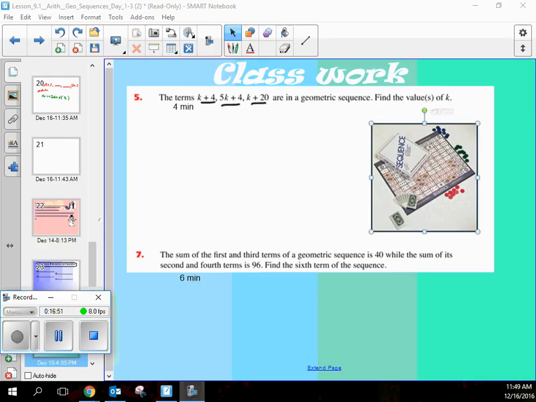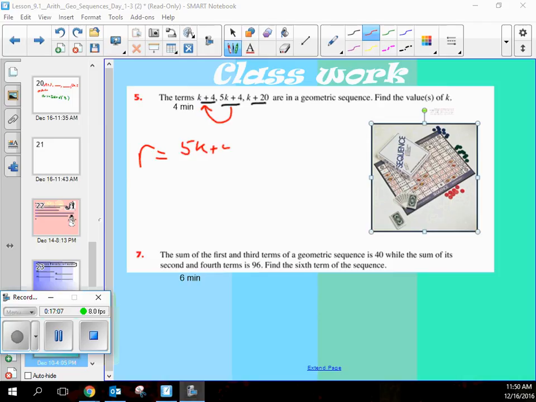If it's geometric, do you agree that it has an r, a ratio? Do you get that the ratio would be this one divided by this one? 5k plus 4 over k plus 4. And remember me saying that it's kind of handy to know the other version of it too?